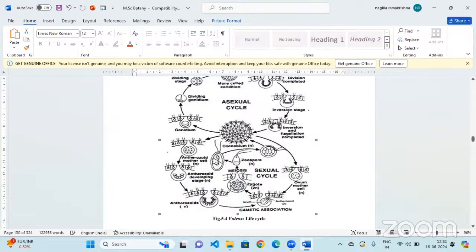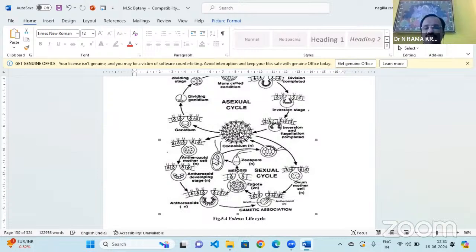Now you see here, in this Volvox, one of the cells, one of the structures, is modified as a male reproductive organ. Second, one of the sections, one part, is modified as a female reproductive organ.